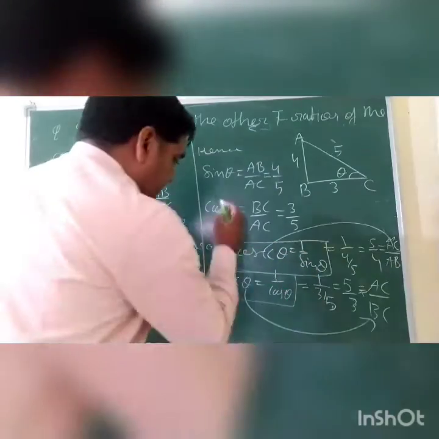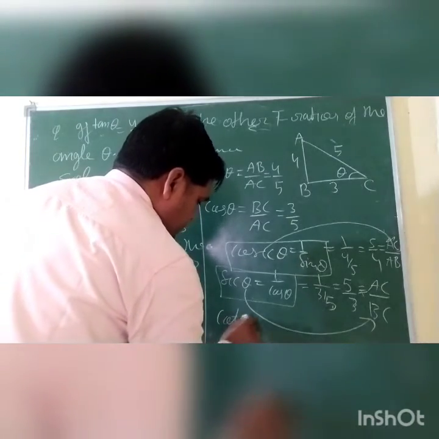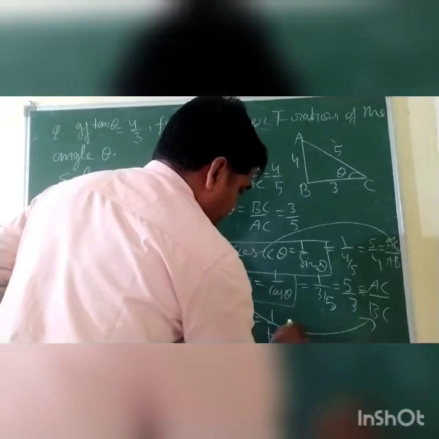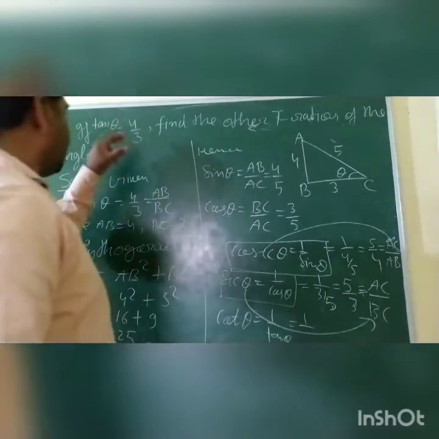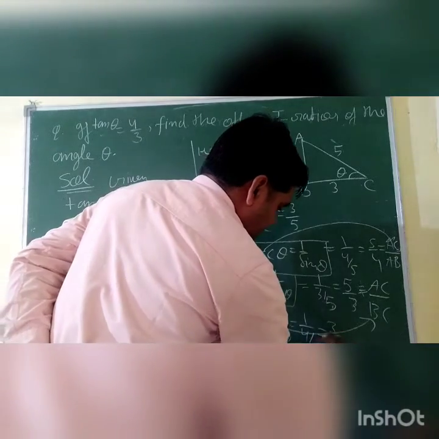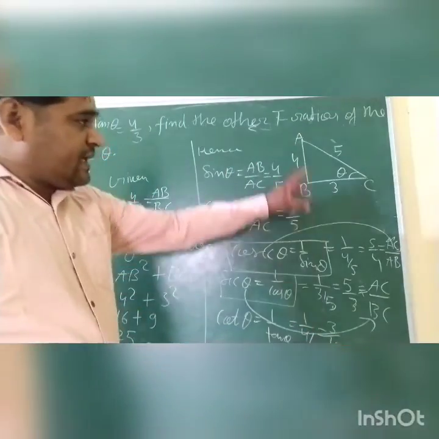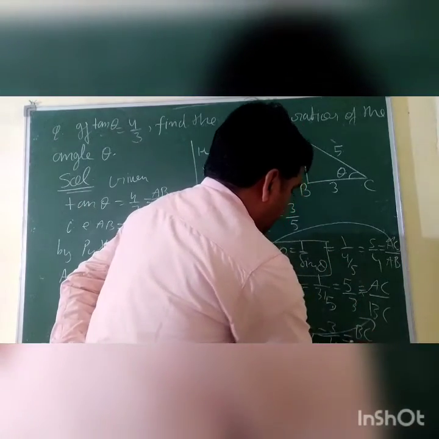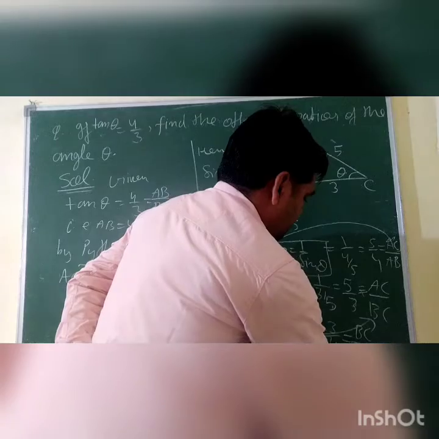Similarly, cot theta equals 1 upon tan theta, which is 1 upon 4 by 3, equal to 3 by 4. That is BC by AB.